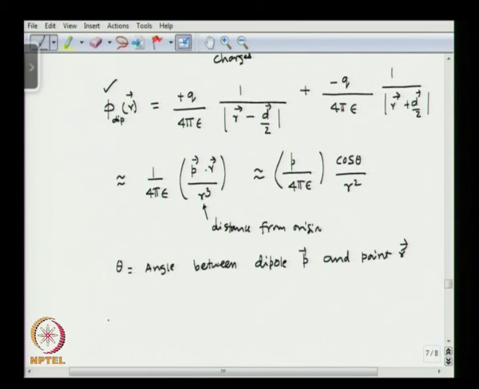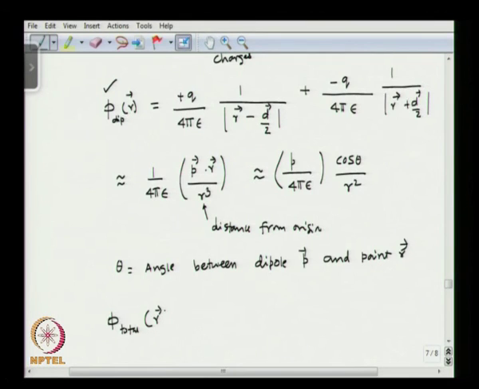So the total potential phi at any point is going to be the potential because of this dipole, and if there is any external field that is available, then the total at r is going to be b cos theta over r square plus phi rest.